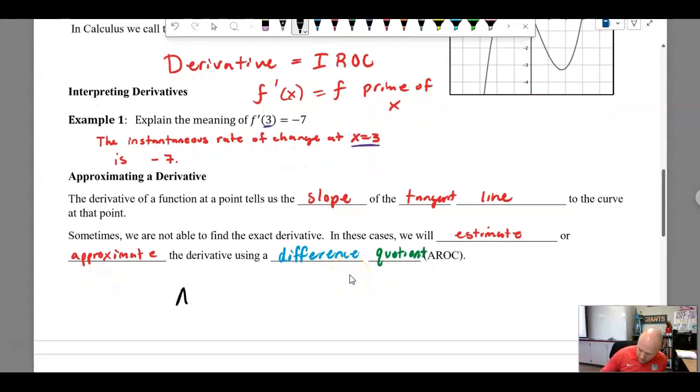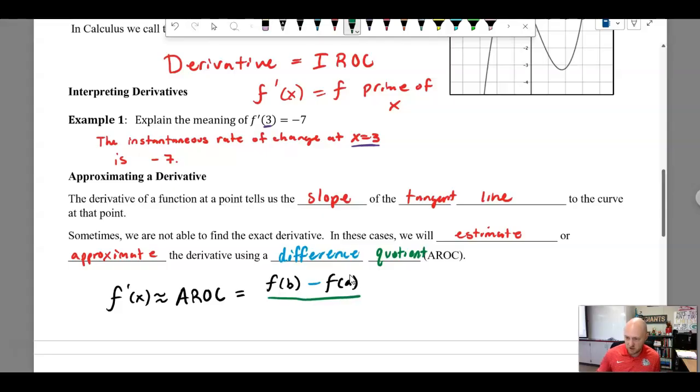But what we want to do, if we want to approximate a derivative, f prime of x is approximately equal to the average rate of change, and we want to use a difference quotient. So what is a difference quotient? Well, you're going to have difference, which in mathematics means subtraction, over, and here quotient in mathematics means division. So I have to have two differences, and a quotient.